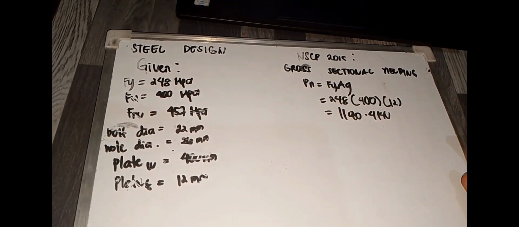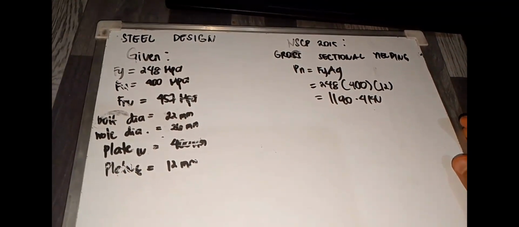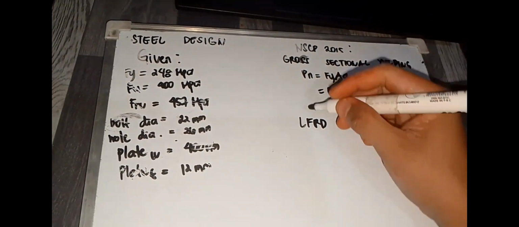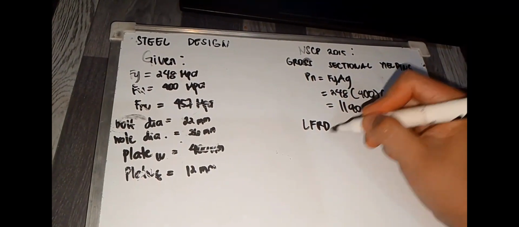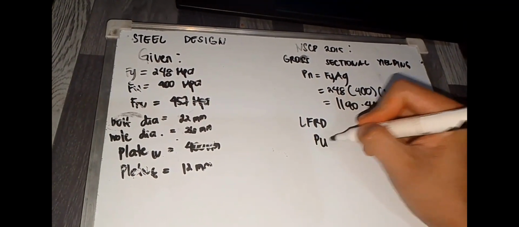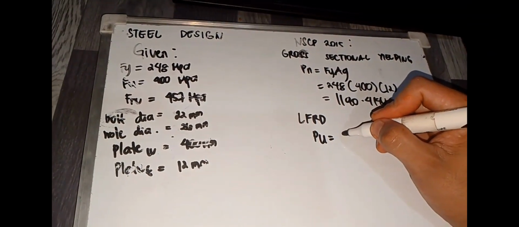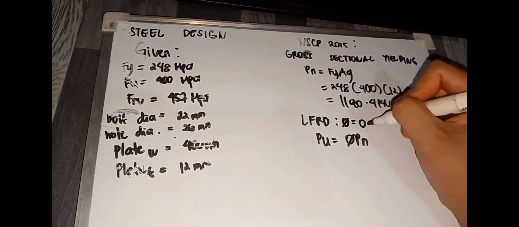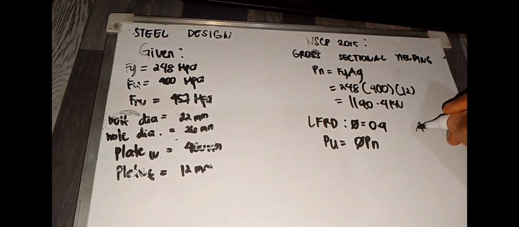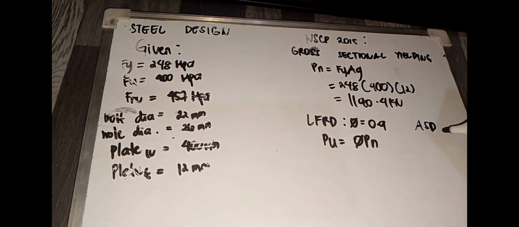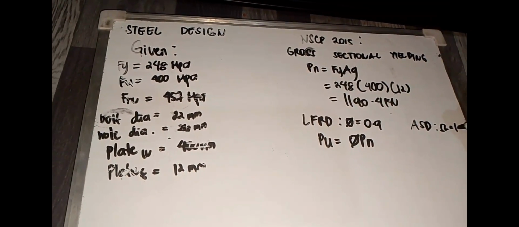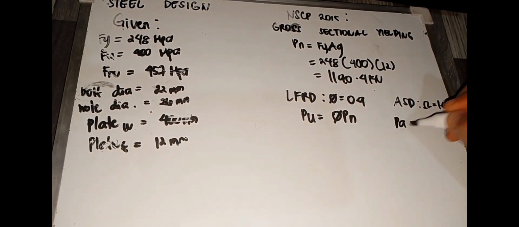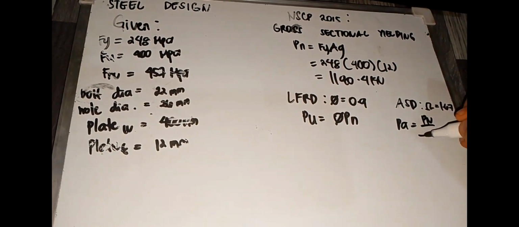The problem is to determine the design strength and the allowable strength, so we must find the LRFD and ASD. In LRFD, Pu is equal to phi Pn, where the value of phi is 0.9. In ASD, omega is 1.67, so Pa is equal to nominal strength over omega.